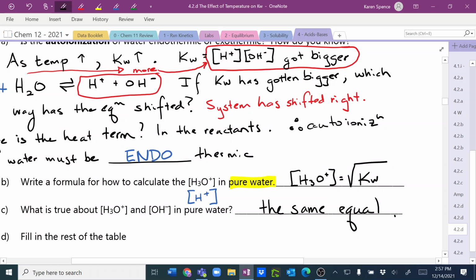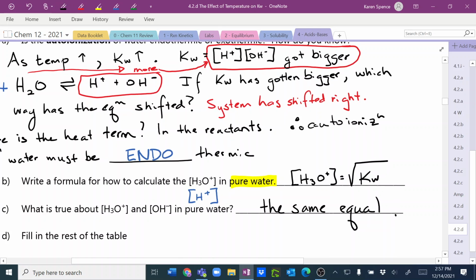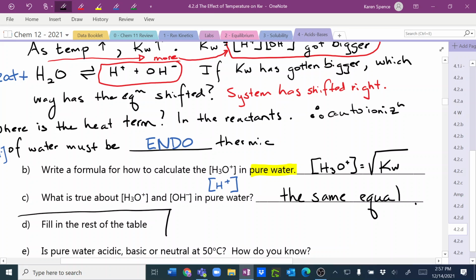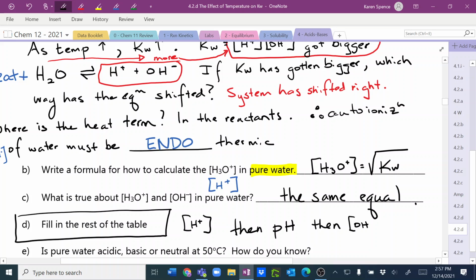So now that we know that, we can actually go back and fill in the rest of the table. Yes? I want you to start by filling in the hydrogen and then fill in the pH, and then you can do the hydroxide and pOH, okay?